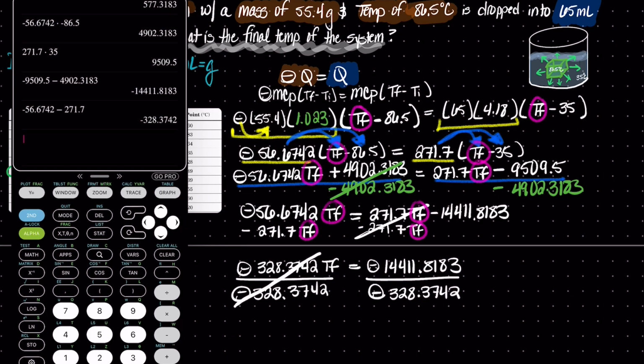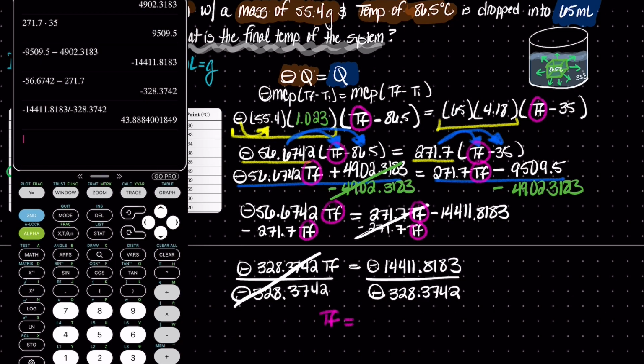That very politely cancels, so I got negative 14,411.8183 divided by negative 328.3742. Now, a negative divided by a negative is a positive answer, so I should be expecting a positive result here.